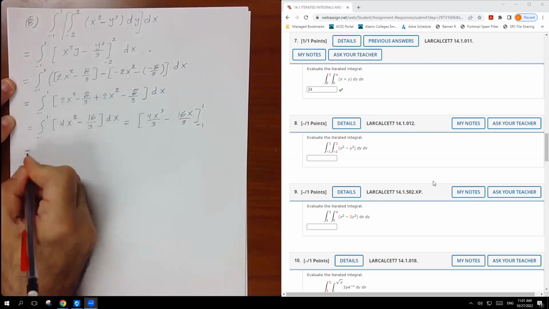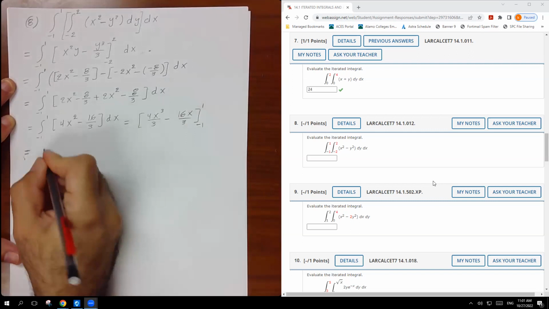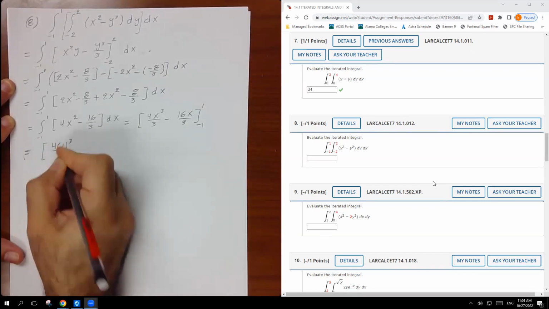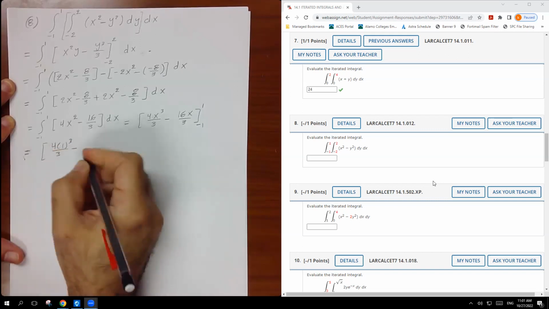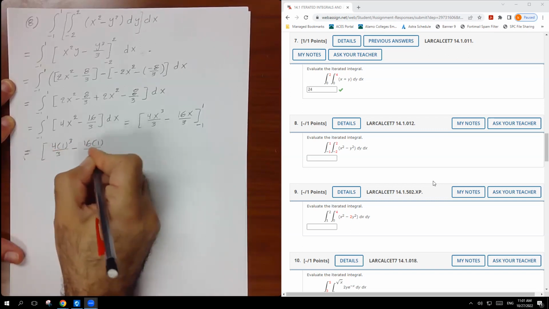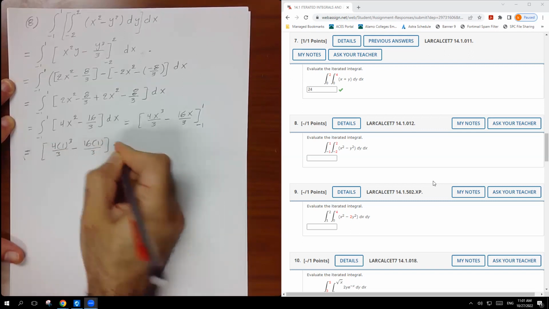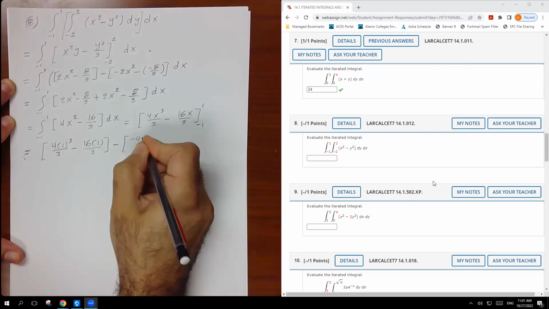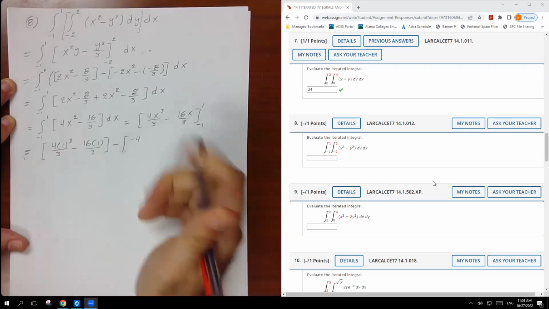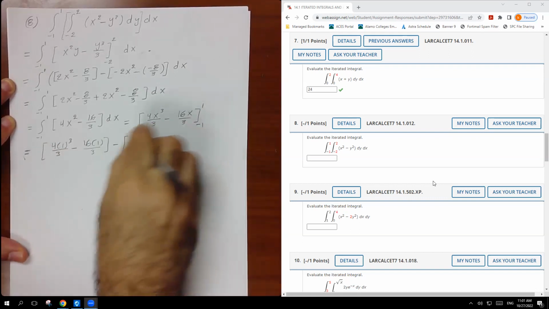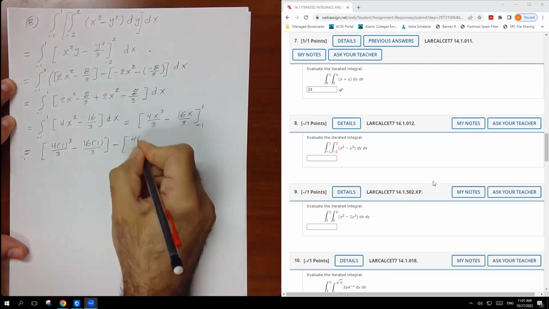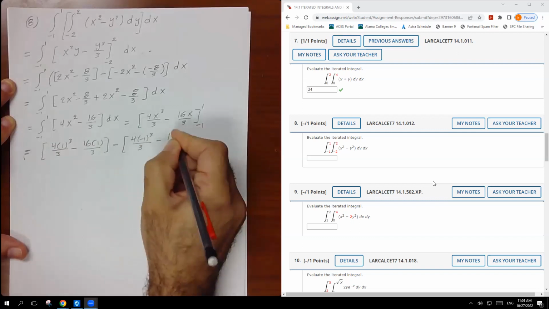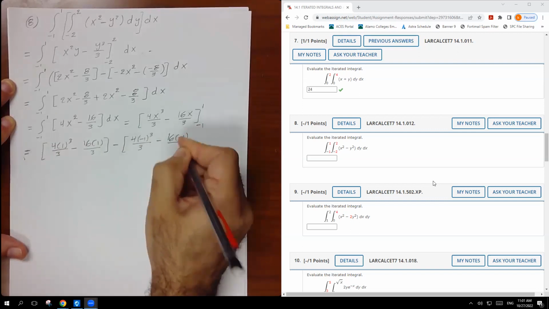So this one is going to be equal. Plug in the 1. So it's going to be 4 times 1 cubed over 3 minus 16 times 1 over 3 minus, plug in -1 is going to be -4. Let's write down first: -1 cubed over 3 minus 16 times -1 over 3.